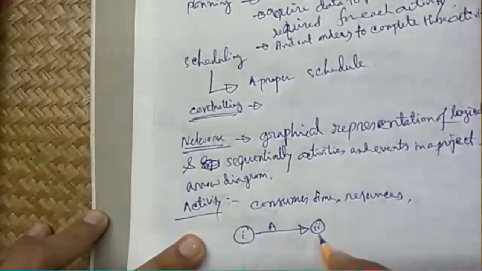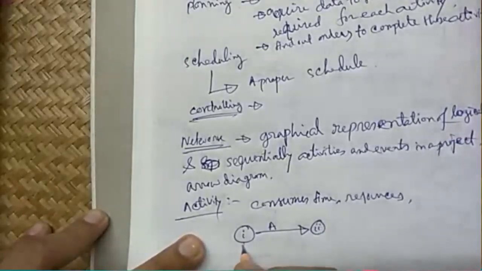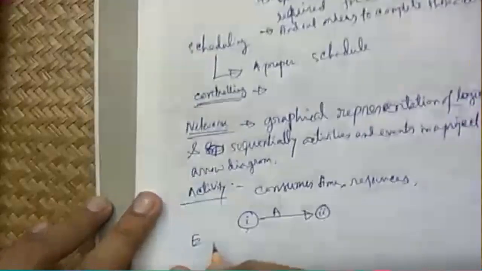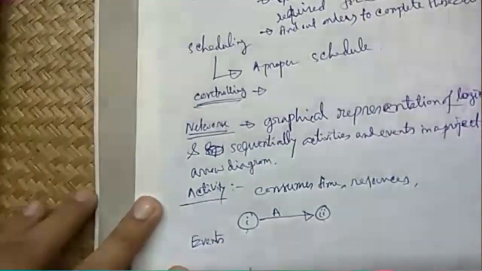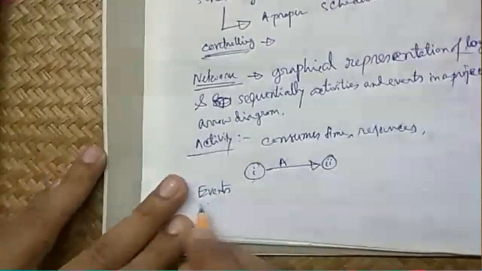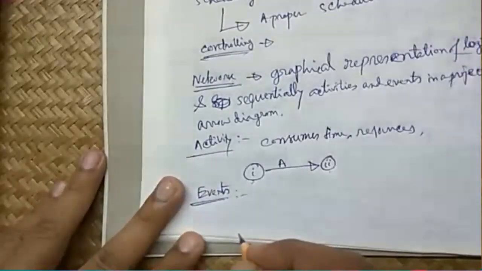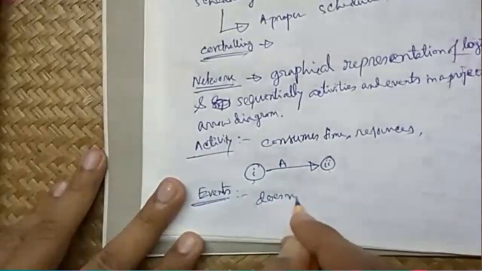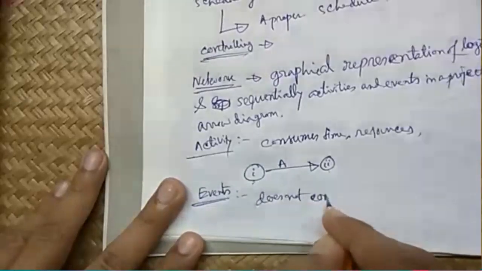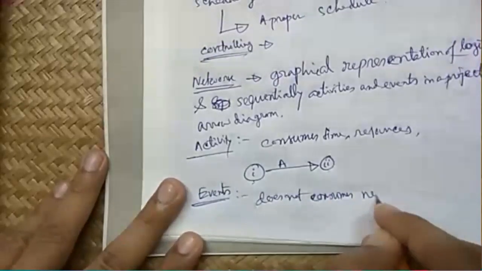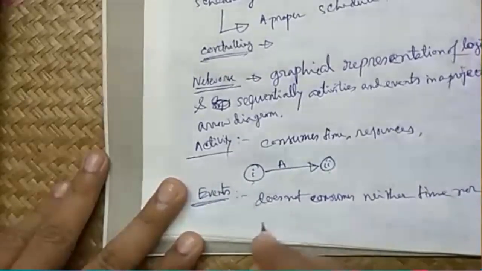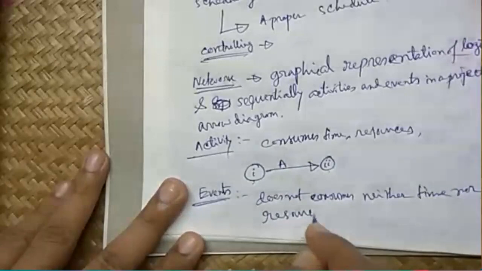So head number is always more than the tail number. These circles are called events. These events are points of time. They consume neither time nor resources.